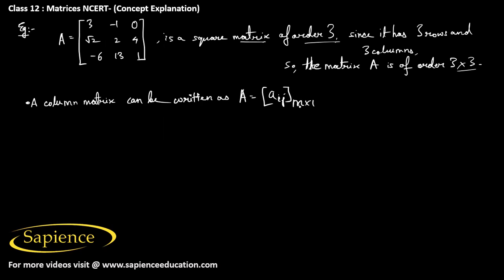It means it is of the order m cross 1. It has m rows and 1 column.